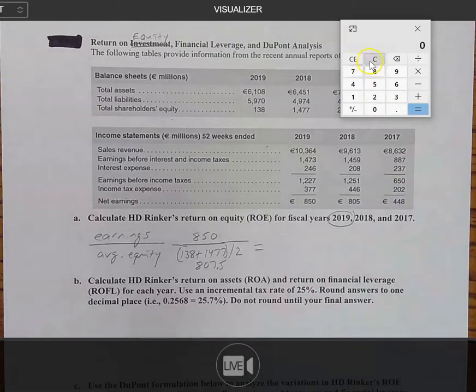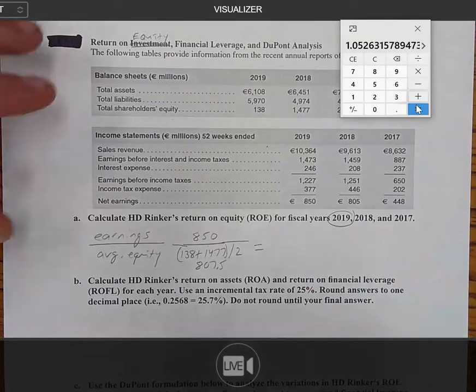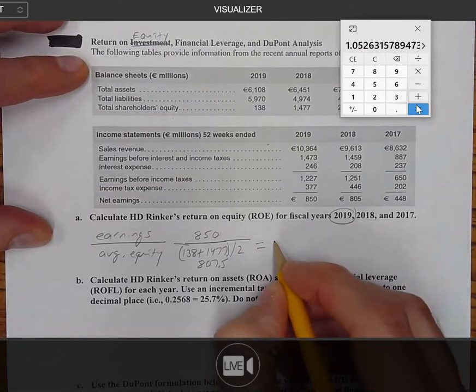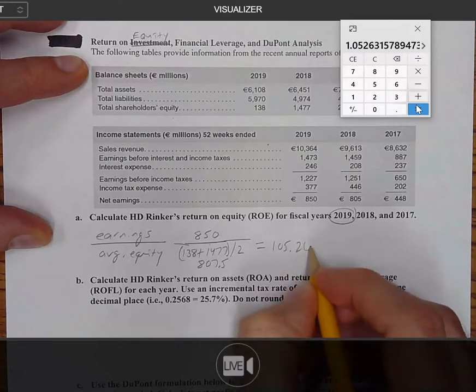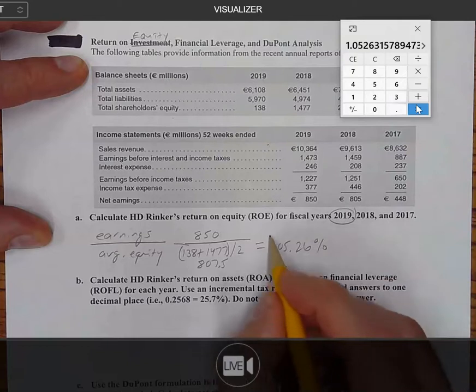So if we take earnings of 850 million divided by average equity between the 2 years of 807.5, we come up with a really big number. We have ROE of 105.26%.